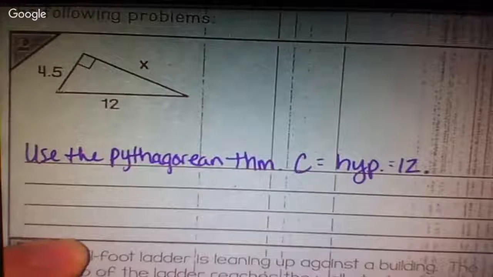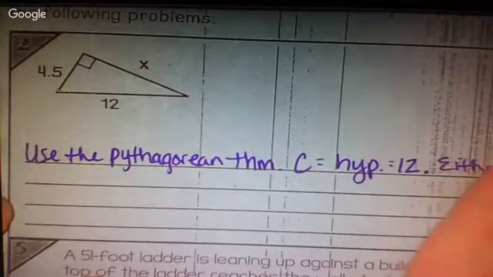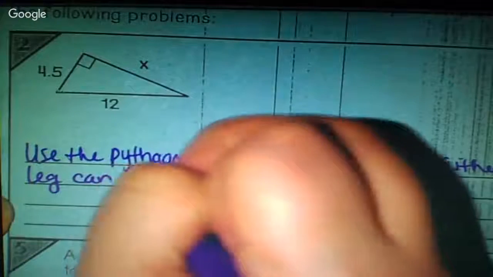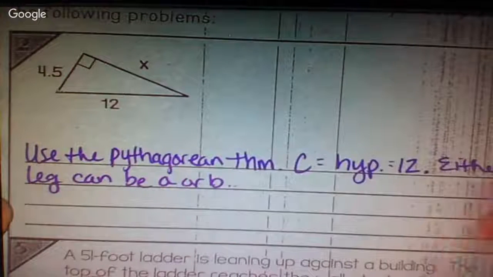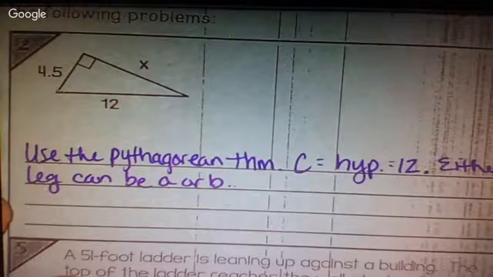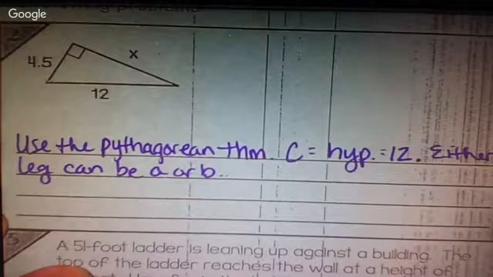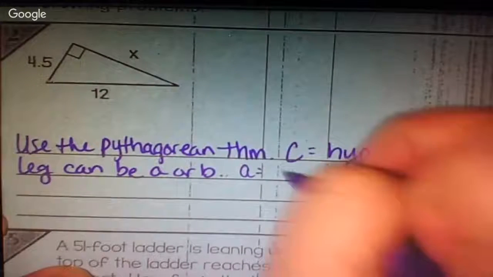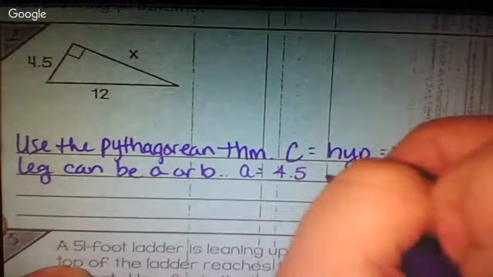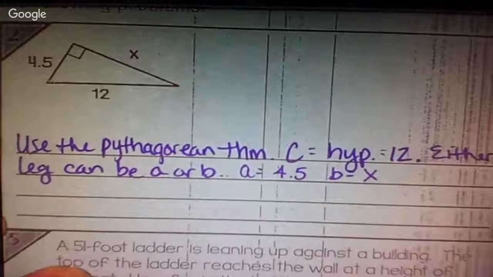Which one's A, which one's B? It doesn't matter. So something like either leg can be A or B. Because we're looking for the explanation of them now. Okay, so either leg could be A or B. So let's let A equal what? 4.5 and B equal X. Okay.